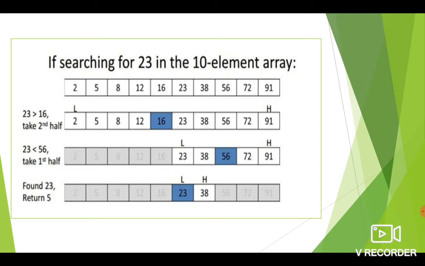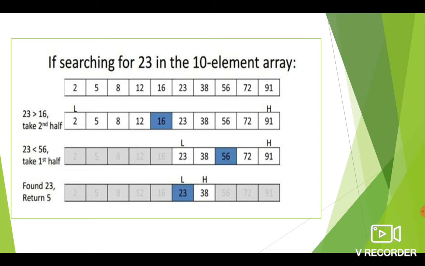So we can assure that the element 23 may be in the lower half. It should not be in the upper half. So you shade all the upper half elements, that is 56, 72, 91. That is, you are making the high value as middle minus 1.